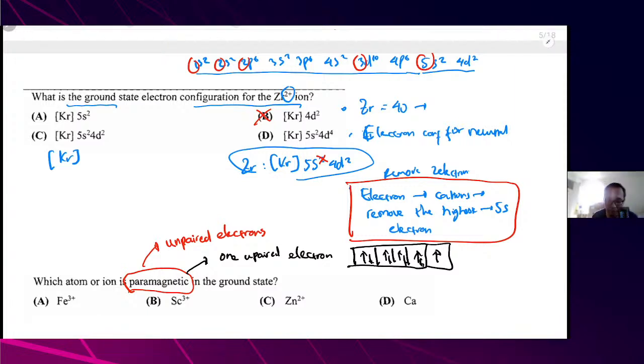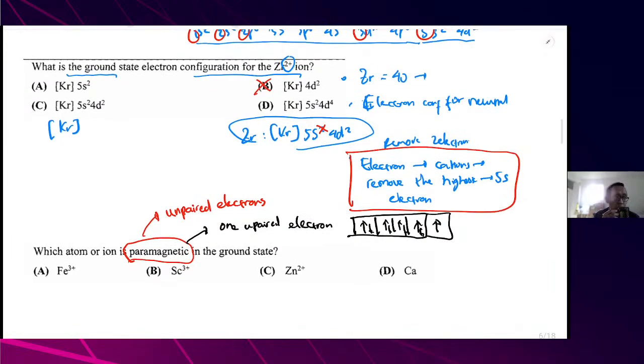Paramagnetic, and the opposite one is diamagnetic, which has paired electrons. So now look at their configuration to find out who has unpaired electrons.